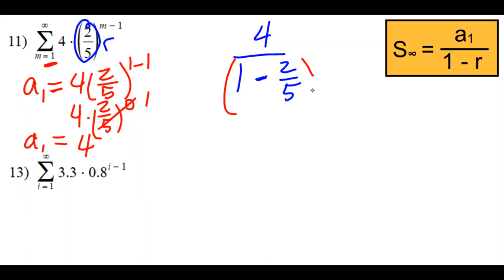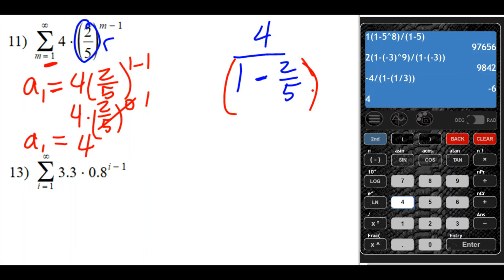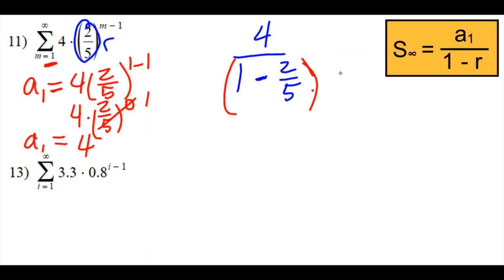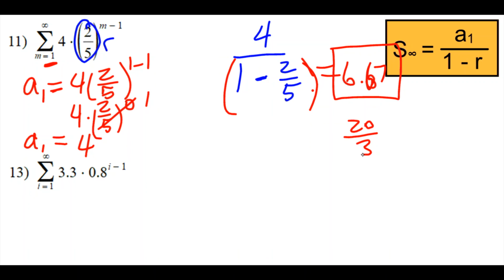Use parentheses for the calculator. 4 over parentheses 1 minus 2/5. 6.6 repeating, or 6.67. If you did it as a fraction, that's 20 over 3. Okay, 20 over 3 is a good answer, but I would take 6.67.